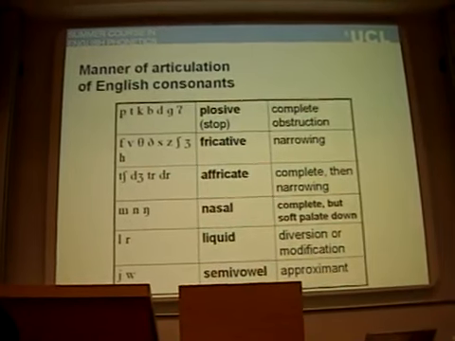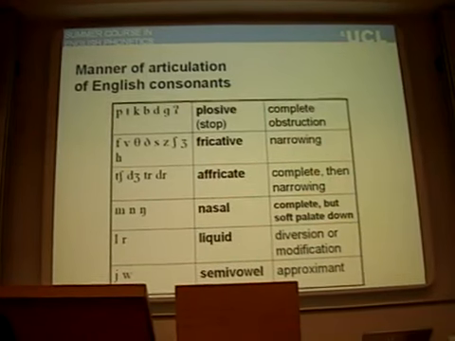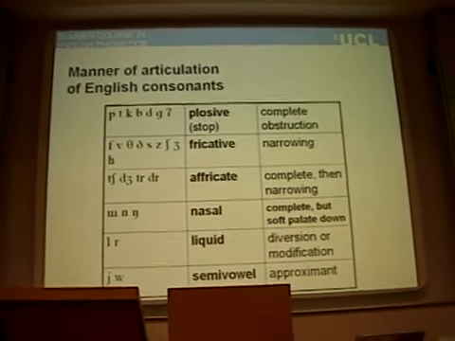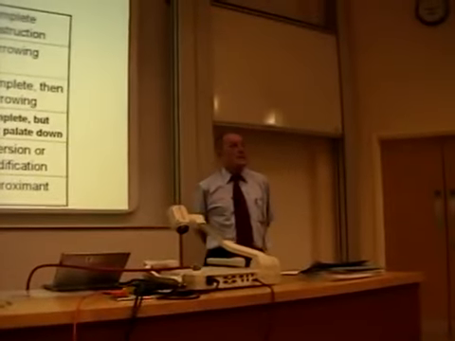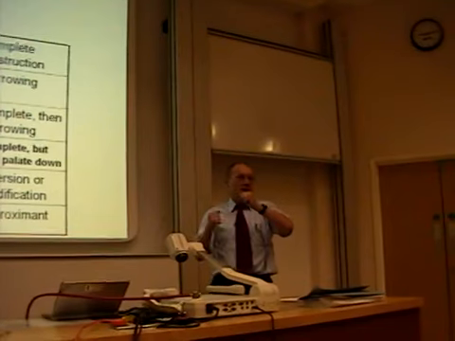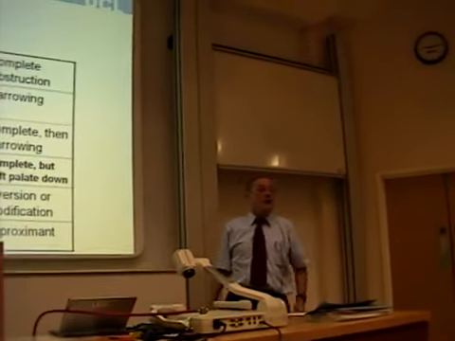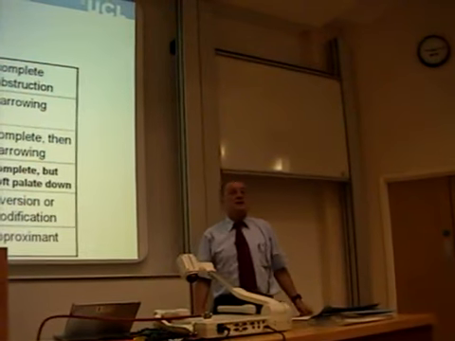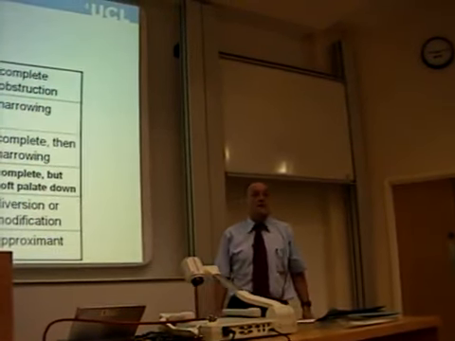Affricates, we must say a word about. Affricates start off like plosives with complete closure, but then they change into fricatives with mere narrowing, as the organs of speech slowly separate. And the TR and DR sequences we discussed in "try" and "dry" are also affricates phonetically in English.